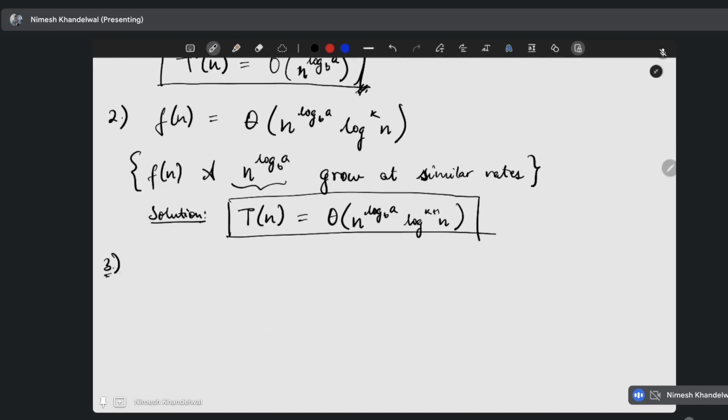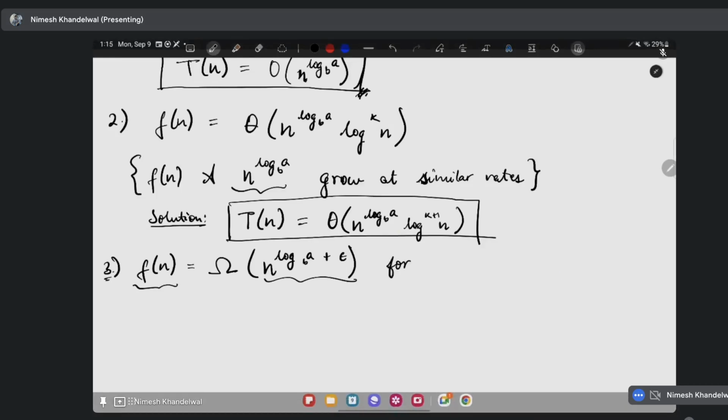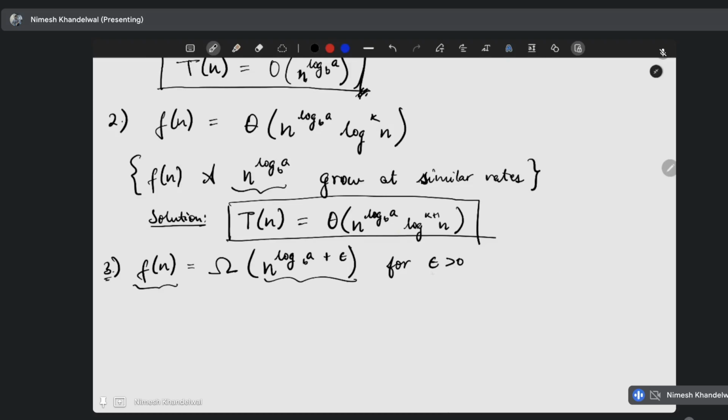The third case is when f of n is omega of n to the power log a base b plus epsilon. So now f of n grows at a faster rate than n to the power log a base b, and here also epsilon is a constant, right?